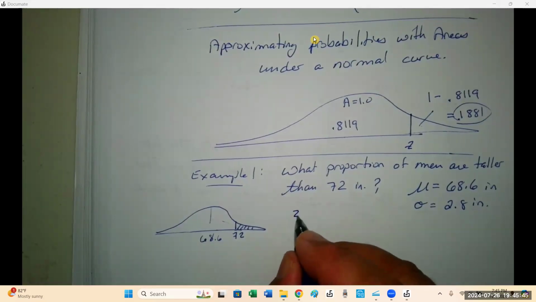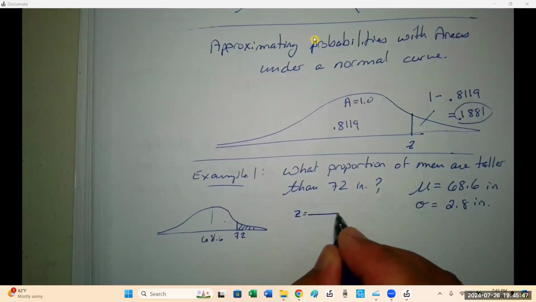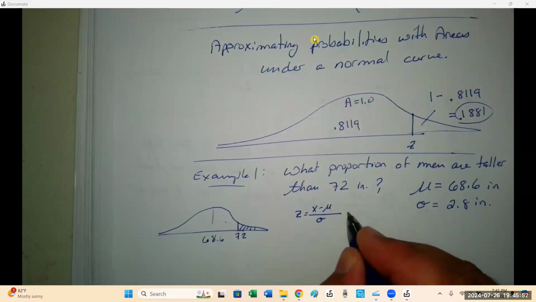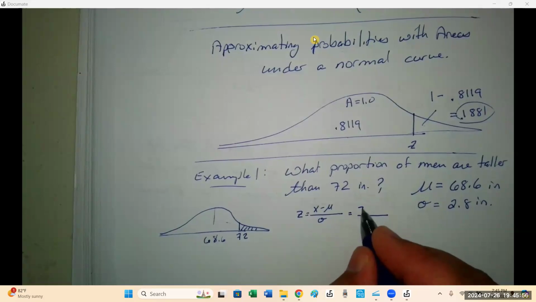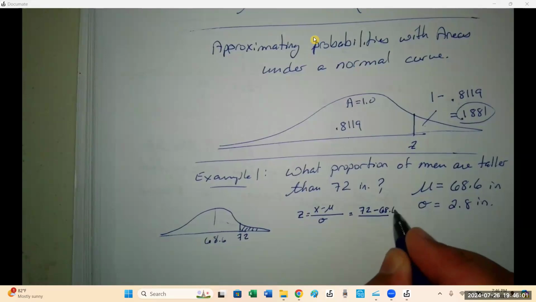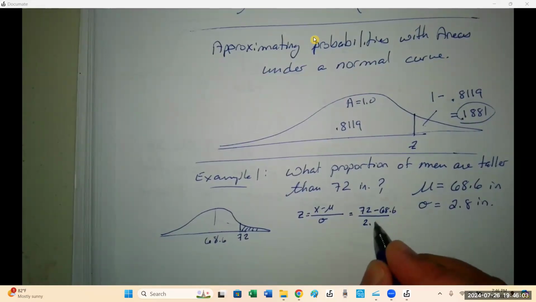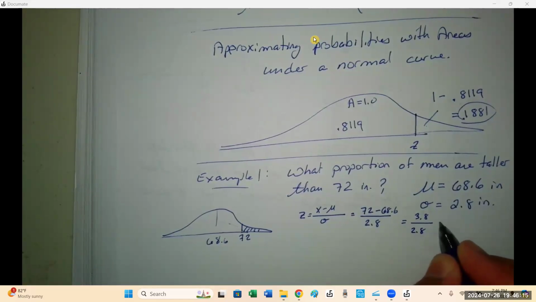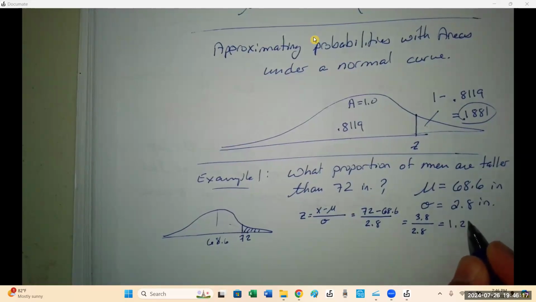So the z value, x minus mean over sigma: x is 72 minus 68.6 over 2.8 equals 3.4 over 2.8, which is 1.21.